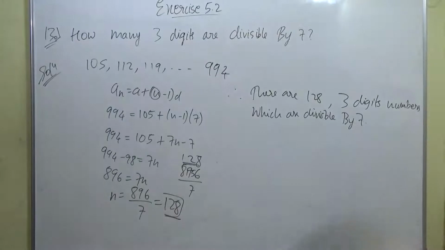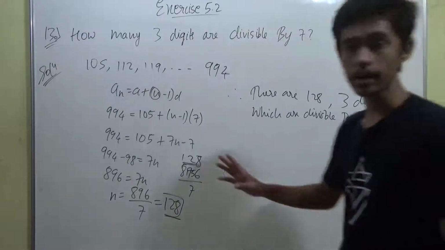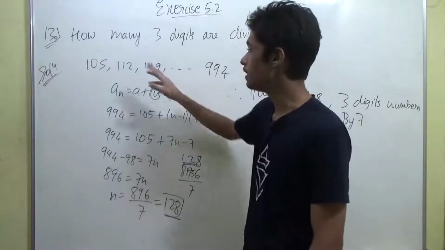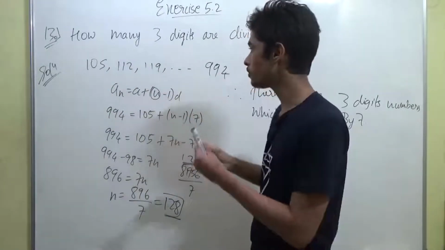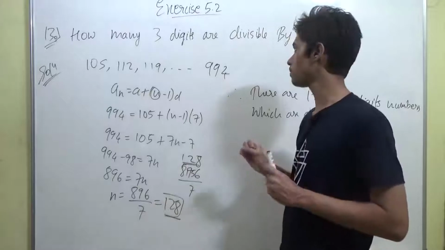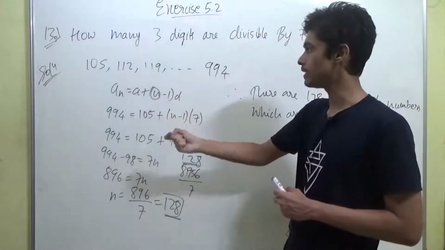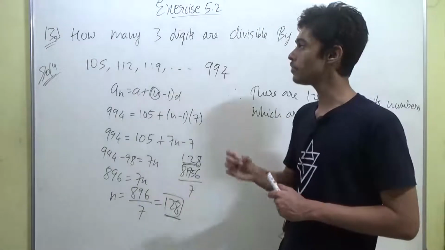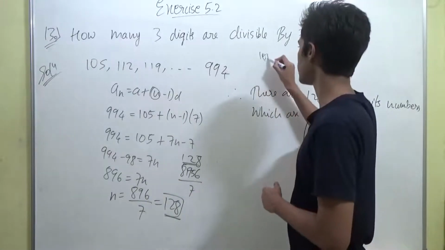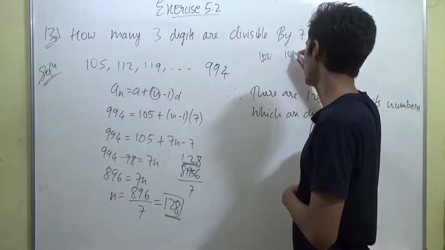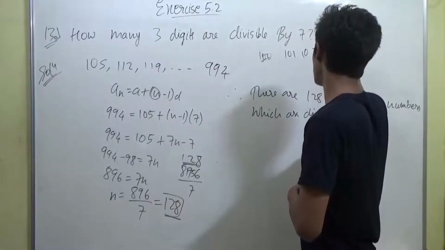Now you can note it down. Okay guys, for those who didn't get how we got 105 and 994, see, we have to find the first 3-digit number which is divisible by 7. Then that will become a, the first number of the series. See, the first 3-digit number is 100, after that 101, 102, 103 and so on.